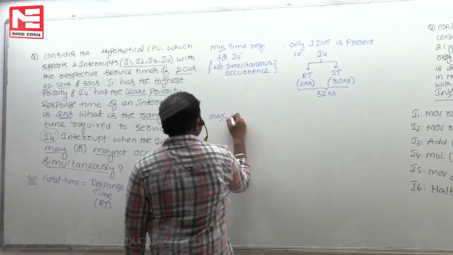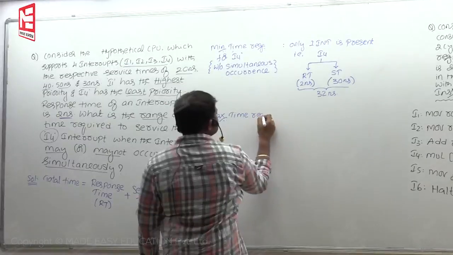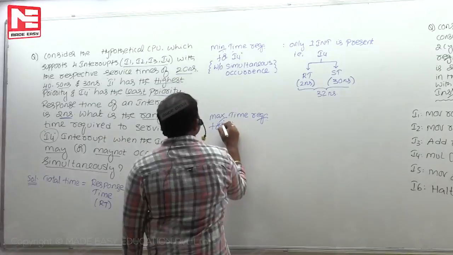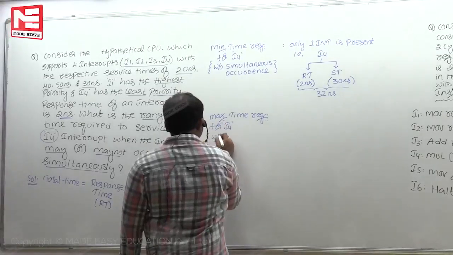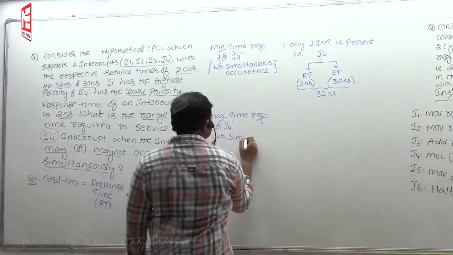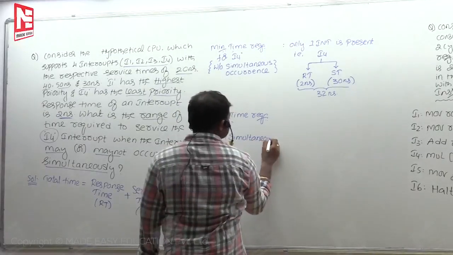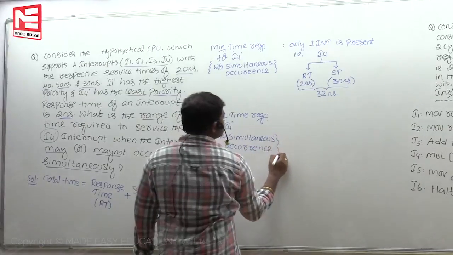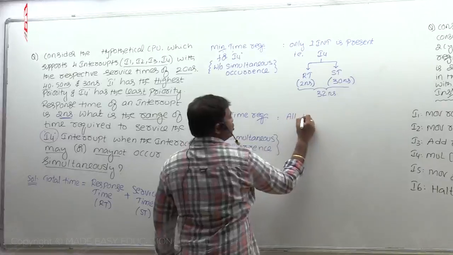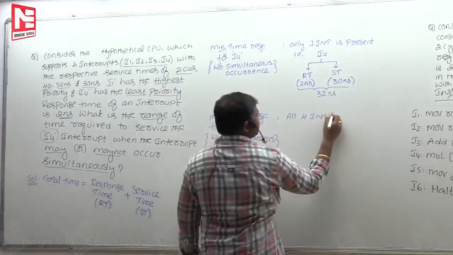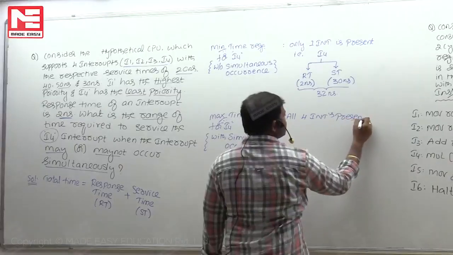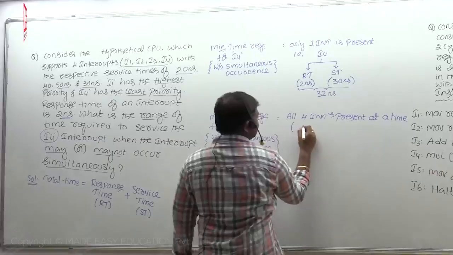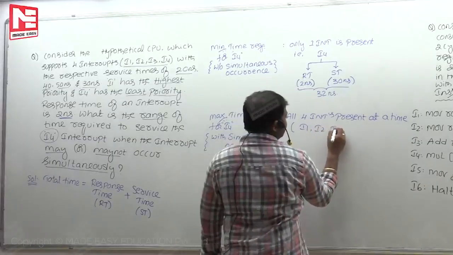Next, maximum time required for I4. Okay, this is possible with simultaneous occurrence. With simultaneous means all 4 interrupts present at a time. That is I1, I2, I3, I4.